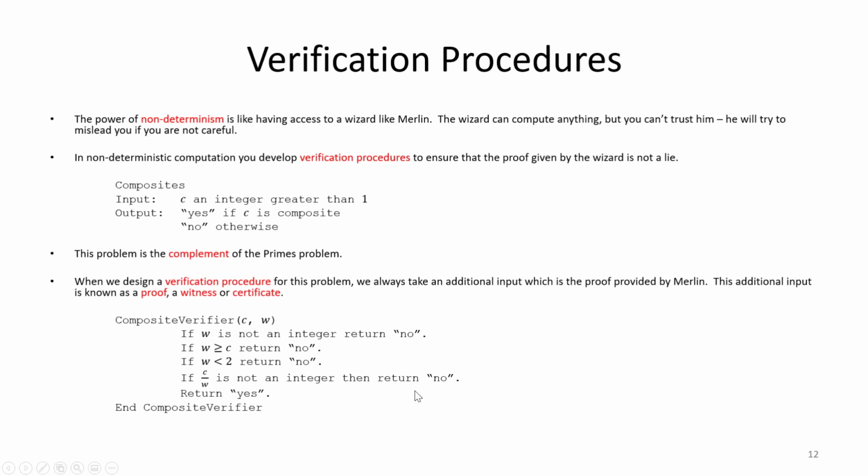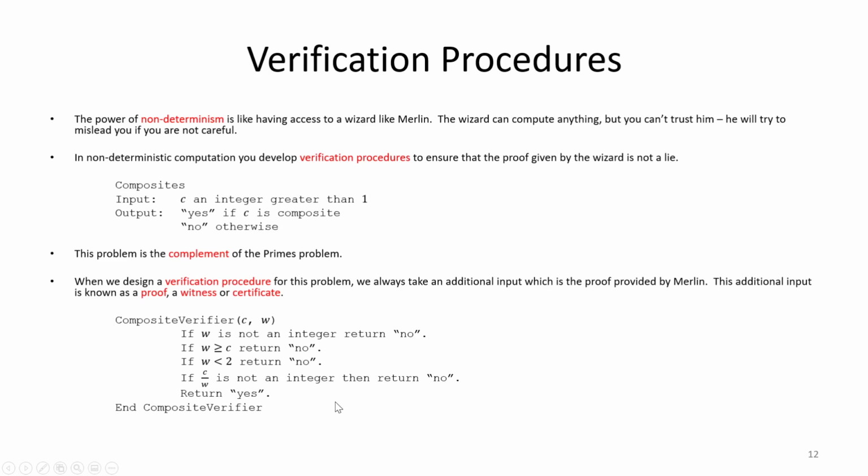Well, the first thing I could do is give C 3.5. Sorry, not C, C is 7. I could give W 3.5. 7 divided by 3.5 is 2. That's an integer, so I should say yes. So how did Merlin trick us here? Well, Merlin tricked us because the definition of what a factor is isn't just anything that I can divide C by and get an integer.